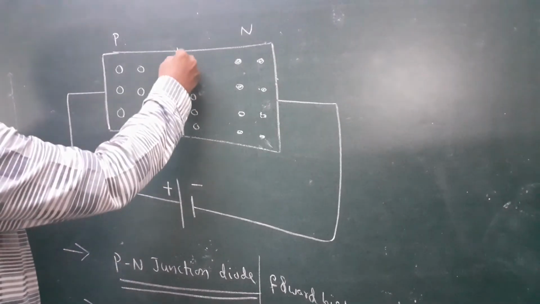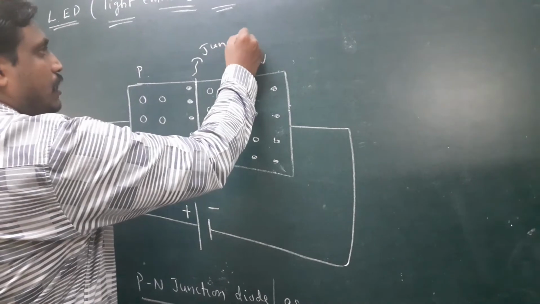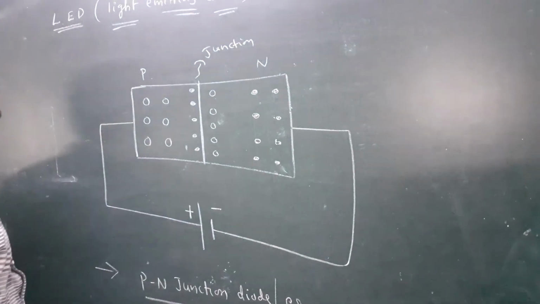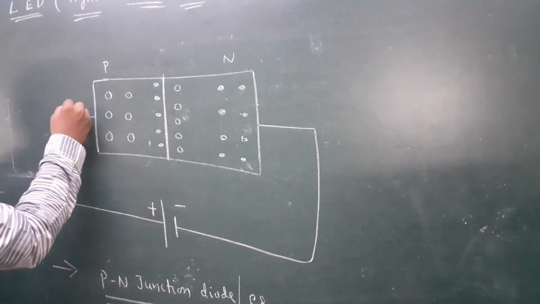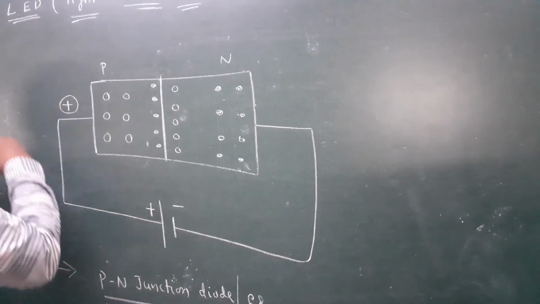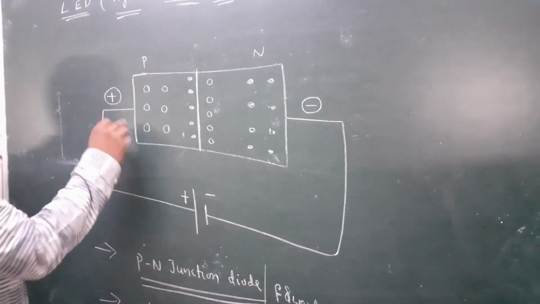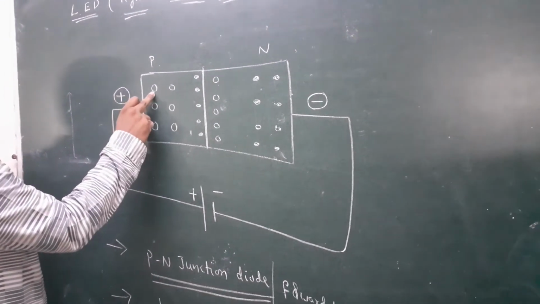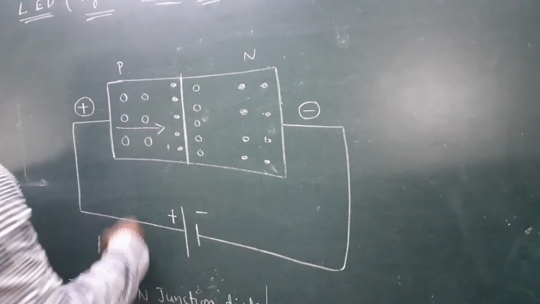This is the junction. Here, this diode is connected in forward bias. P is connected to positive, N is connected to negative. Look at the diagram. Holes at the positive terminal are repelled, which means they move towards the junction.